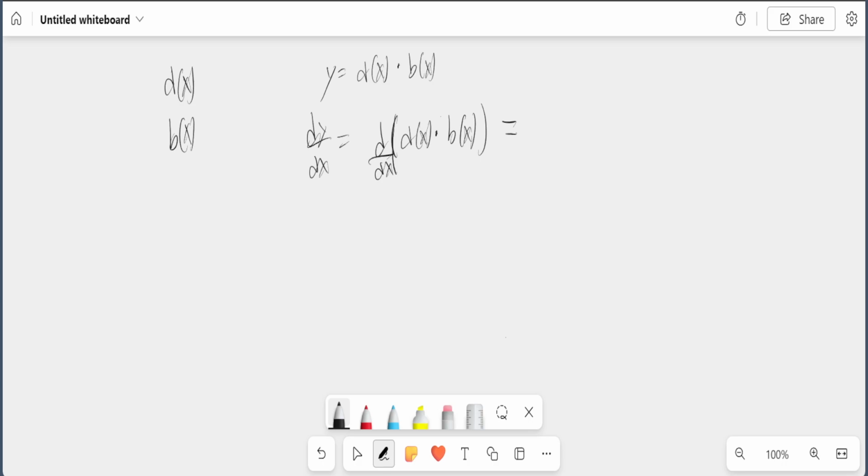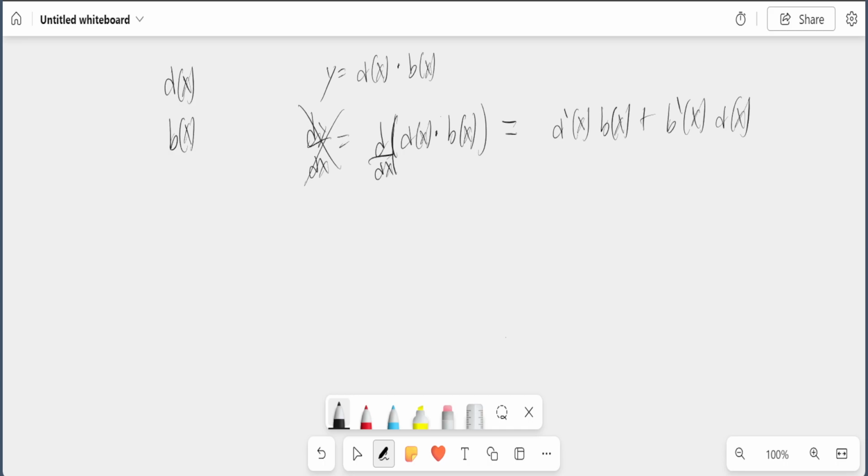So let's just do this in prime notation: a prime of x, b of x plus b prime of x, a of x. And so just forget about y, because I was just using it to define the function, but we don't really need that.